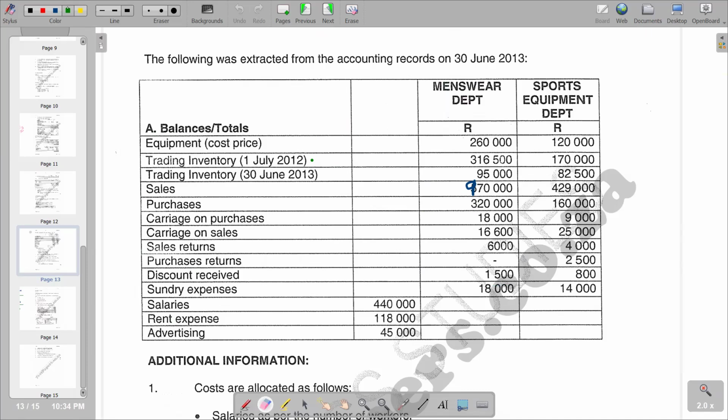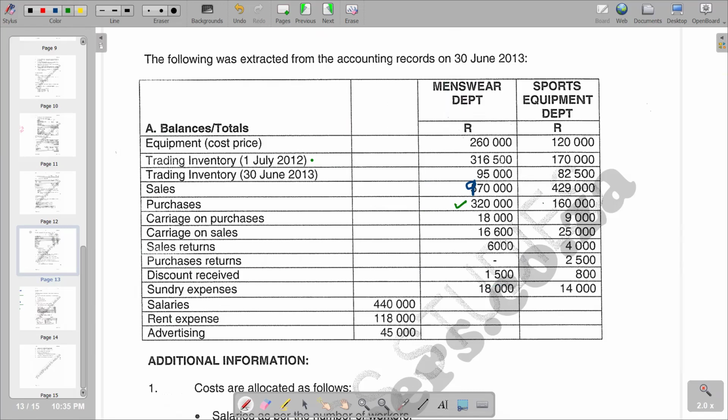You would see that for purchases, we have got a figure of 320,000 for the men's department. And for sports equipment, we've got 160,000.